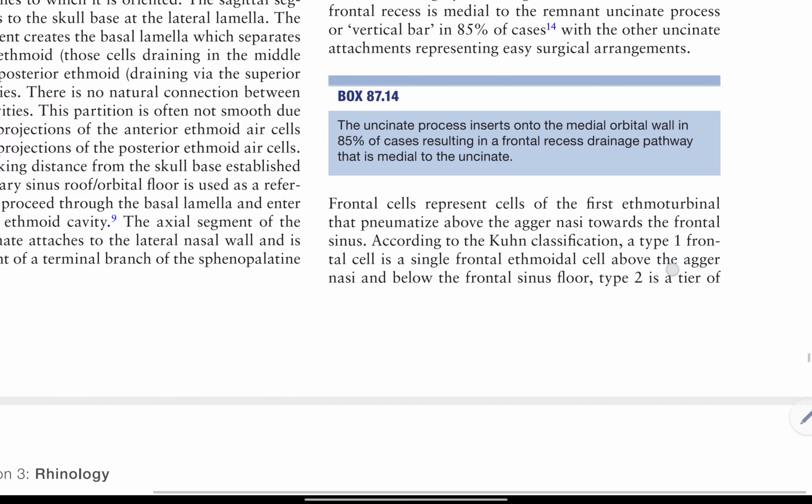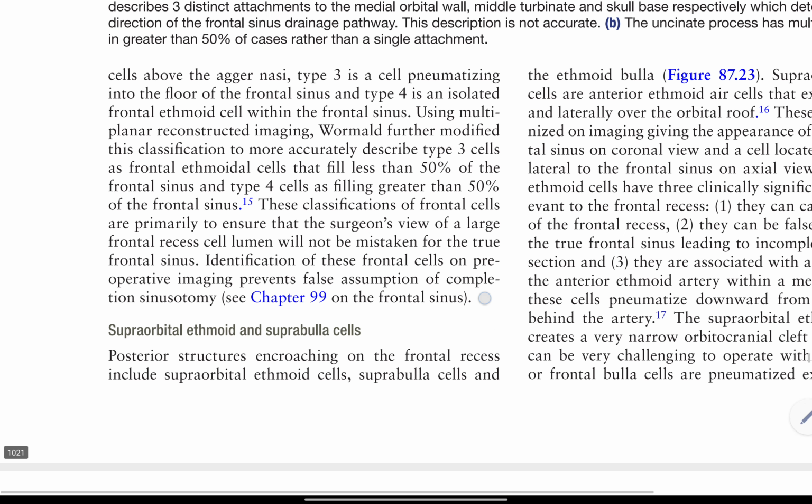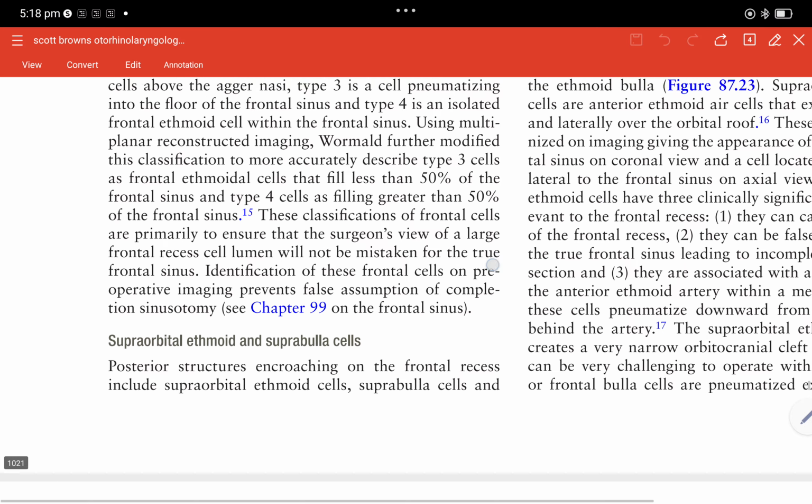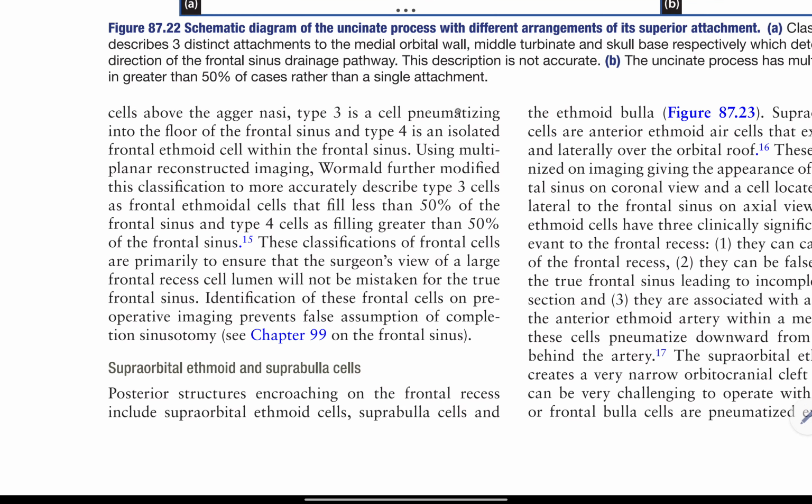Type 2 is a tier of cells above the agger nasi. Type 3 is a cell pneumatizing into the floor of the frontal sinus, and type 4 is an isolated frontal ethmoid cell within the frontal sinus.